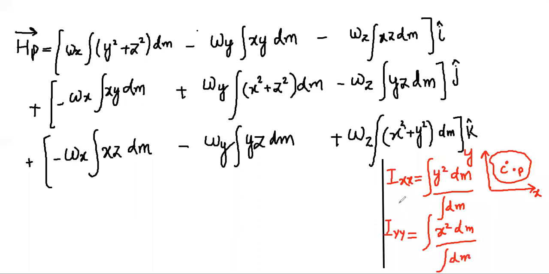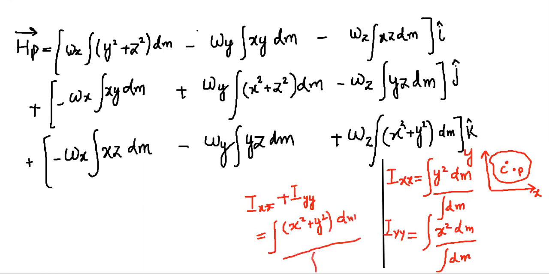And we also know from the addition property that if we add up Ixx with Iyy, we will get integral of x square plus y square dm divided by integral dm, okay.